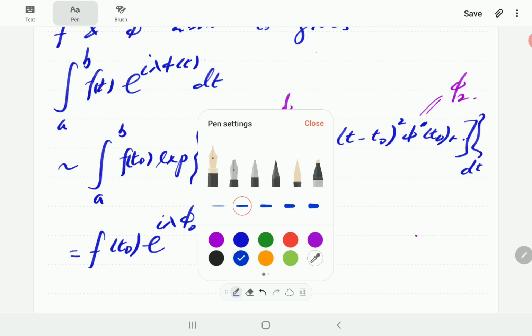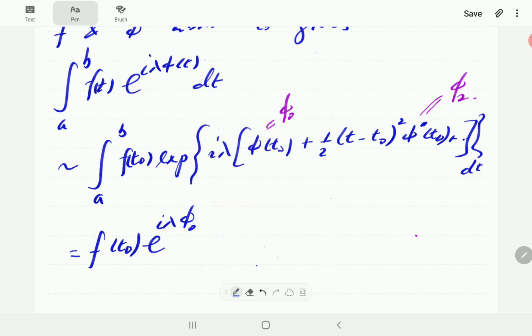Then that's going to be the integral from a to b of e to the i lambda over 2 (t minus t naught) squared phi 2 dt.